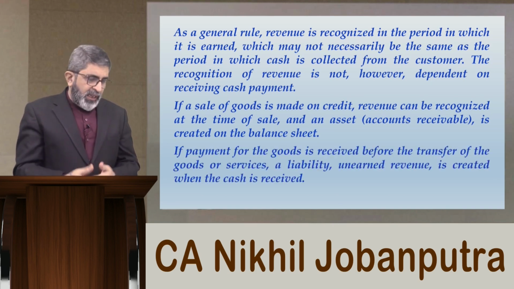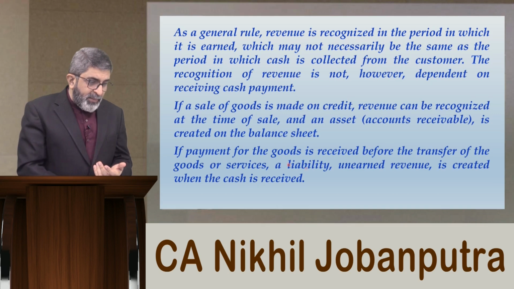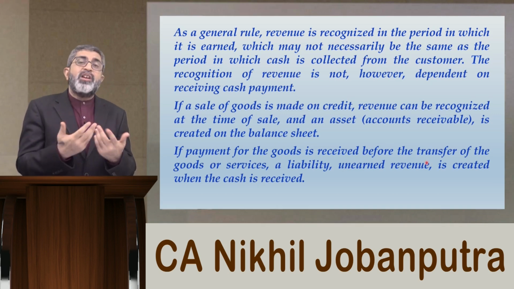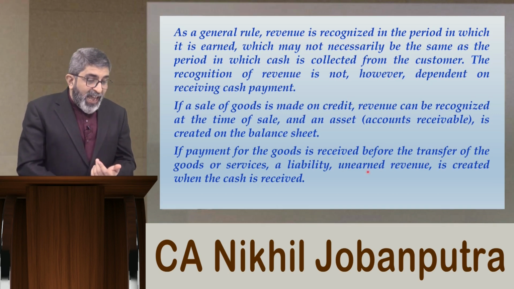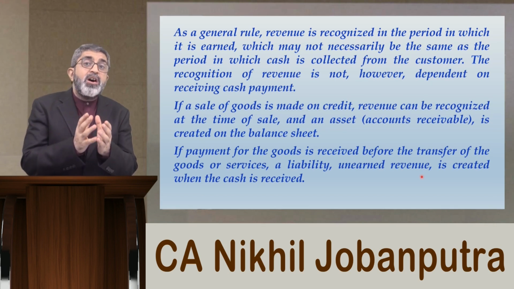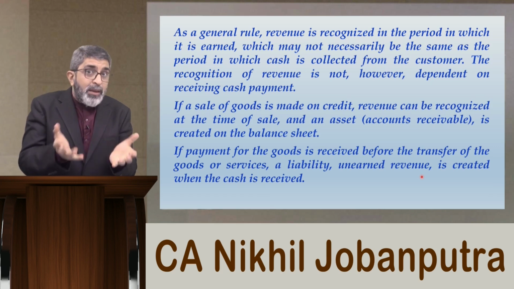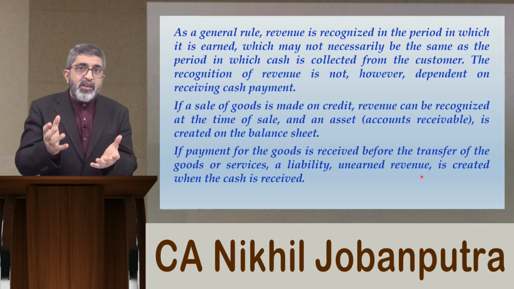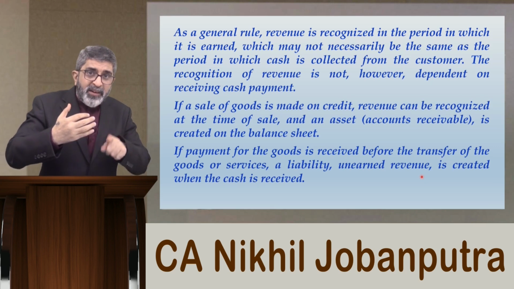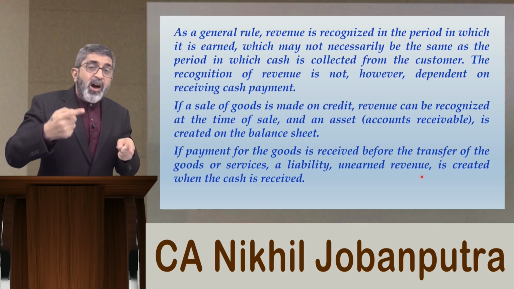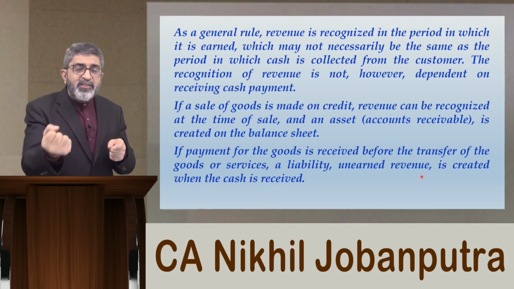Inversely, imagine the other way situation. If the payment for the goods is received before the transfer of goods, a liability in the form of unearned revenue or an advance receipt, that liability is created. So you understand one thing, if money comes later but the sale has happened earlier, against the sale an asset will be recognized.